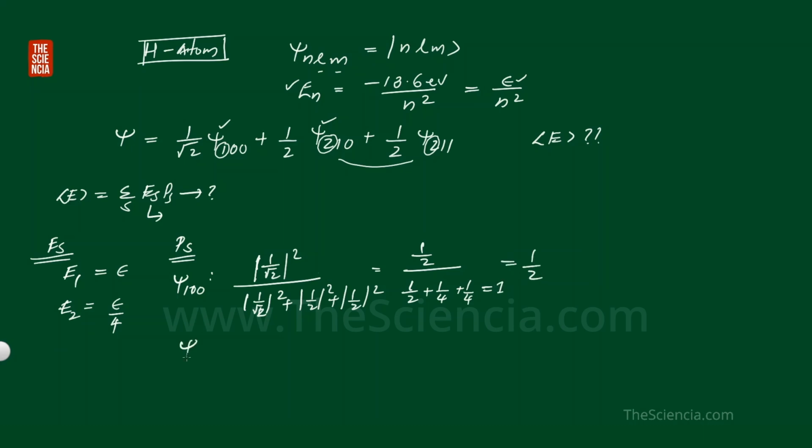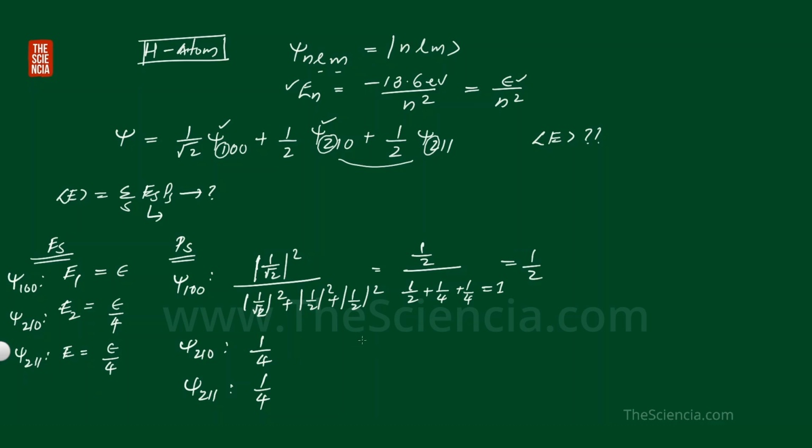Similarly, for state psi 210 you will get 1 by 4, and for state psi 211 you will get 1 by 4. For psi 211 also the n value is 2, so the energy will be E by 4.